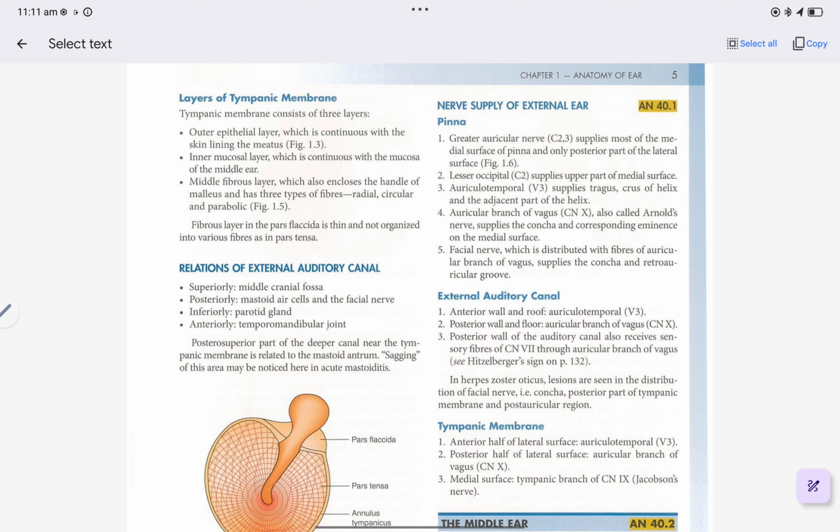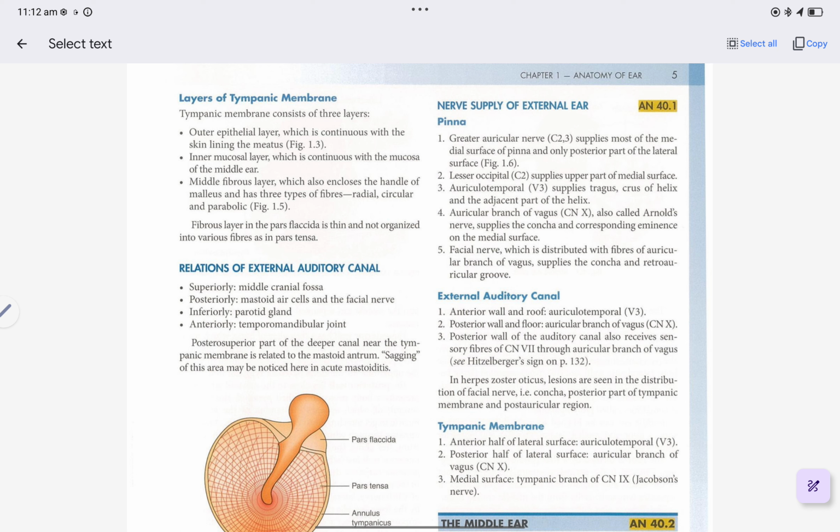External auditory canal: anterior wall and roof, auriculotemporal, V3. Posterior wall and floor, auricular branch of vagus, cranial nerve 10. The posterior wall of the auditory canal also receives sensory fibers from cranial nerve 7 through the auricular branch of vagus.